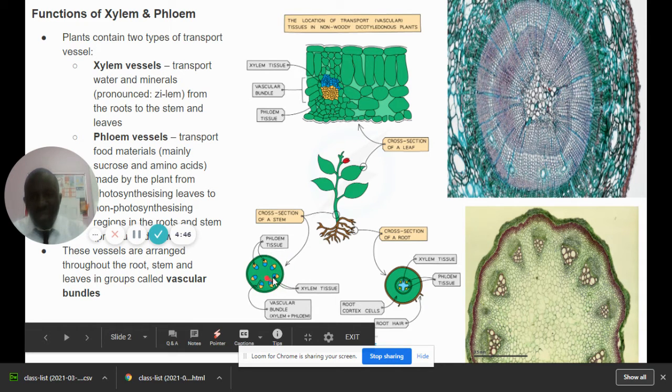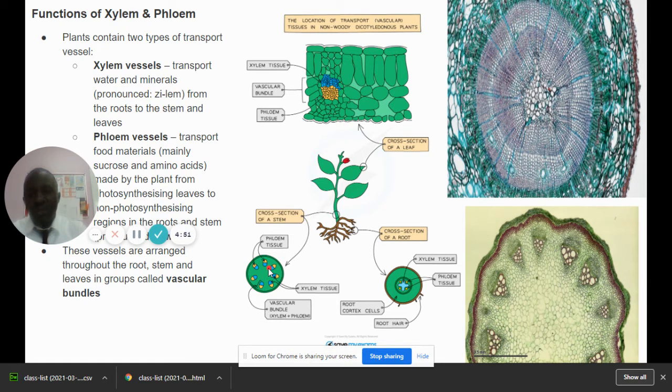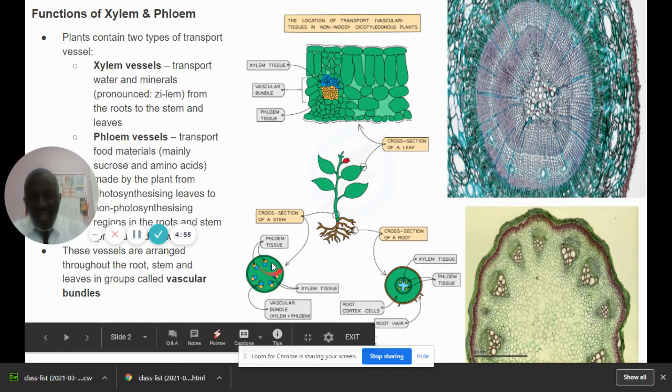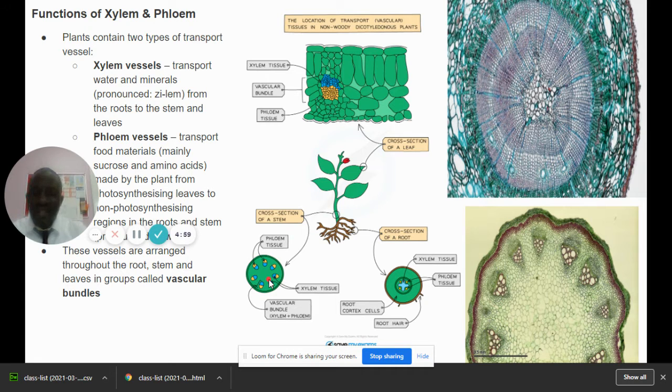So the moment you open up the internal structure of a root or a stem and find that the organization is regular and in a ring form, you should know that this is the internal structure of a stem or a root from a dicotyledonous plant.